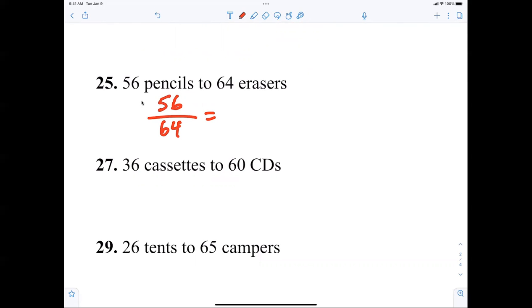How about there's something way bigger? Yes, good. What's the bottom one? Come on. Yes, 7 pencils to 8 erasers. Easy as that.